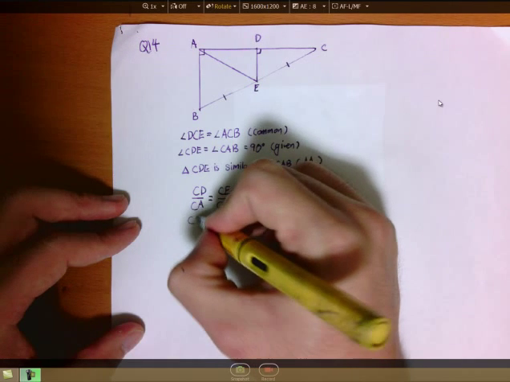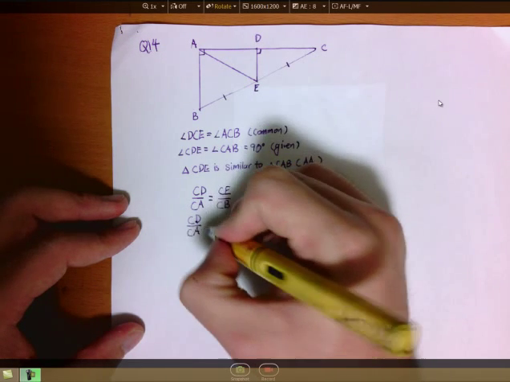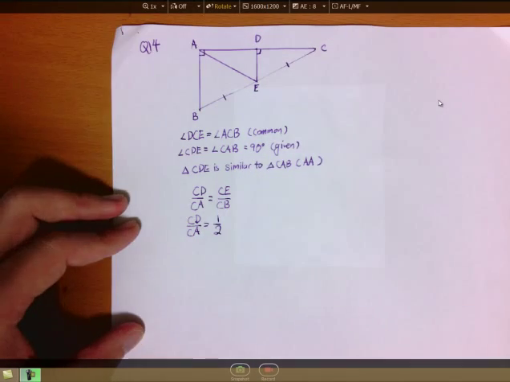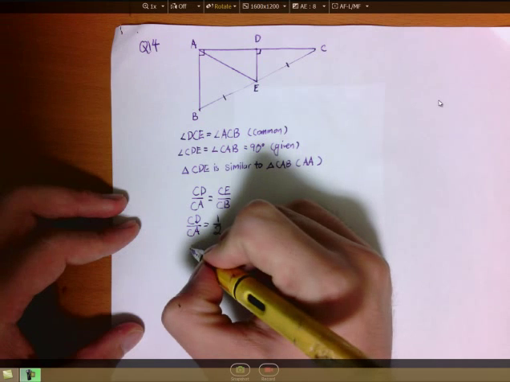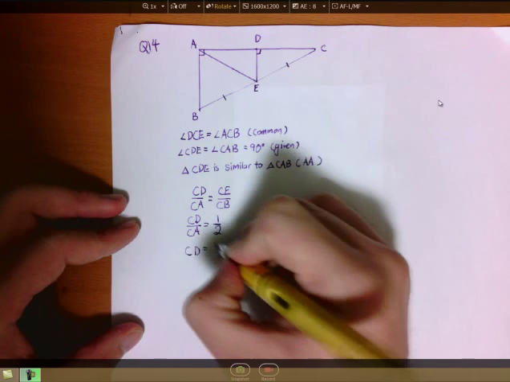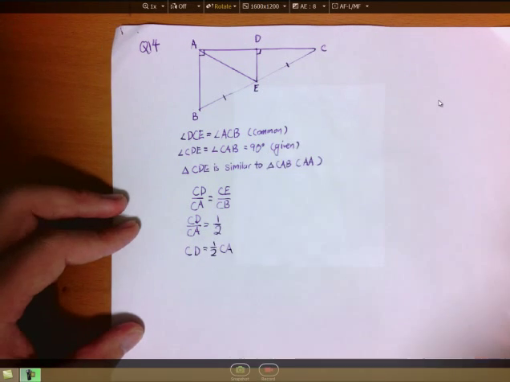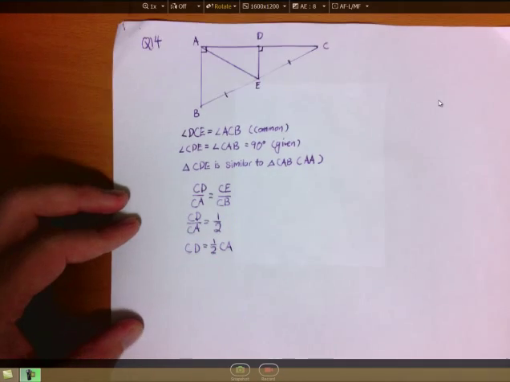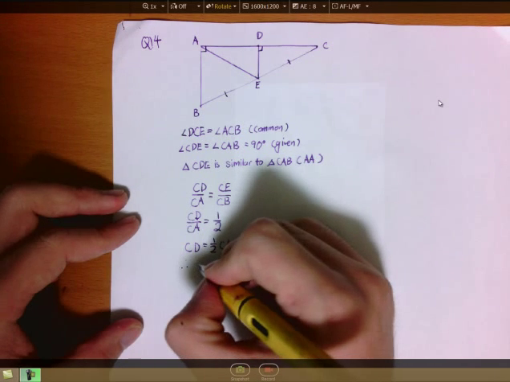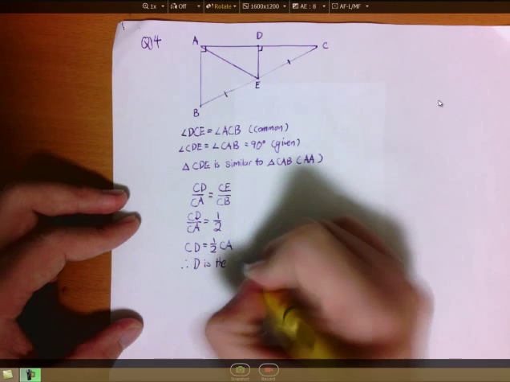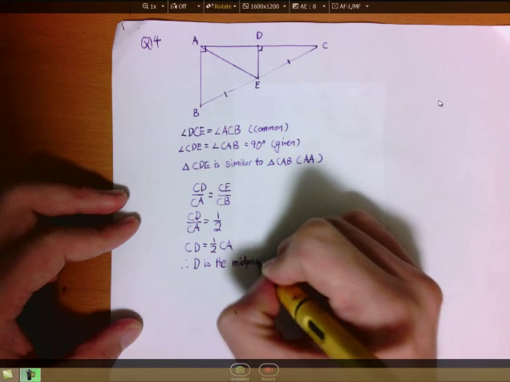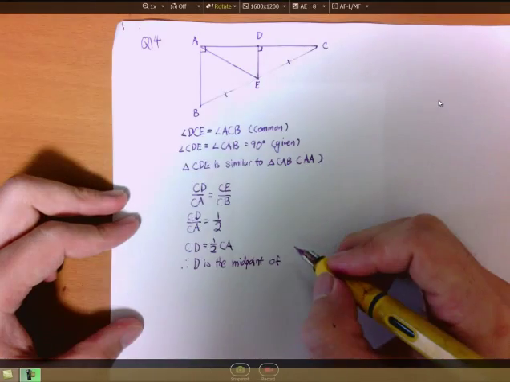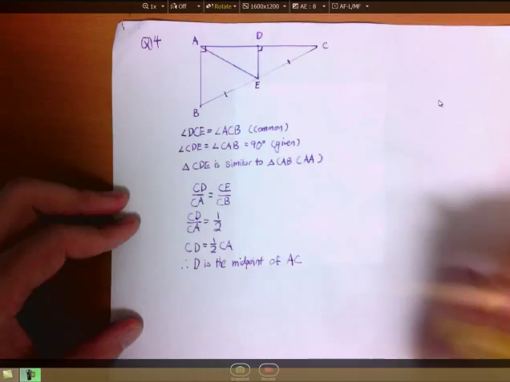Now I go that CD over CA equals CE over CB, and we know the ratio to be 1/2. So I'll know that CD is half of CA. Since CD here is half of CA, therefore I can conclude that D is the midpoint of AC. And I have proven part 1.